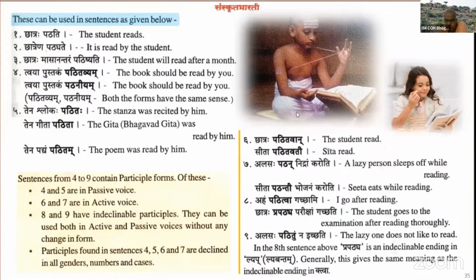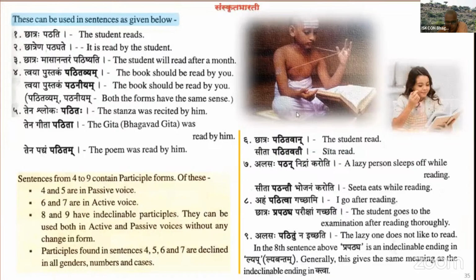So whenever you see patitvan, patitvati, pathan, just apply the rule of active voice: make karta in Prathama Vibhakti, and the verb will follow the same rules as the karta. Vachan and ling will be the same. Ling is not in the verb, so vachan will be the same.